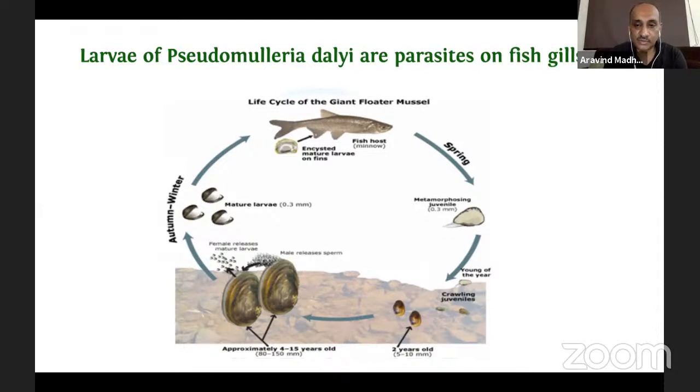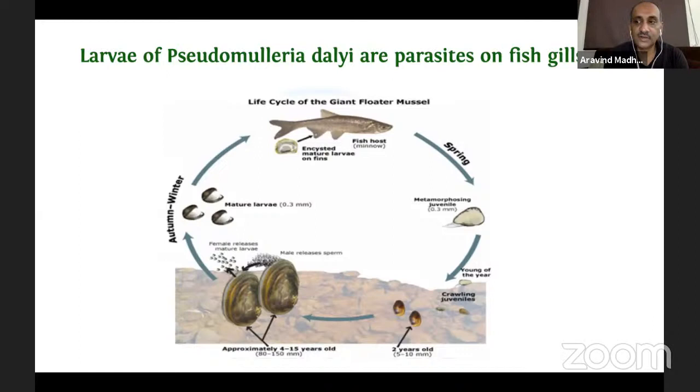Once it is metamorphosed and starts developing the shell, it will detach itself from the gills and fins of the fish, become independent and get attached to the rock and grow further. So there's a requirement of fish for the completion of the life cycle.